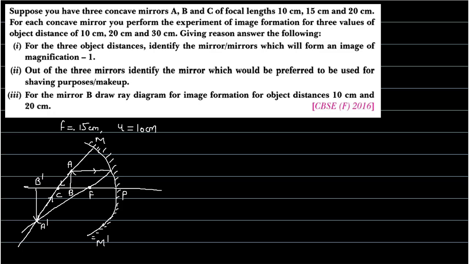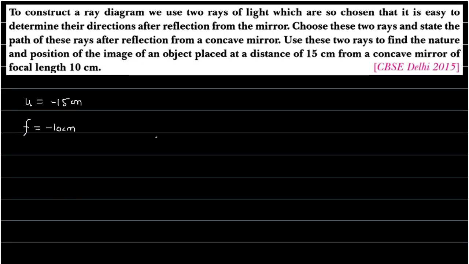That means they want us to make this diagram again, right? So we have already done this, but you have to draw it again. Don't show the laziness. And we can find out the V. So 1 upon U plus 1 upon V would be 1 upon F. Now I am not writing the solution properly, because I have shown you 2-3 questions.